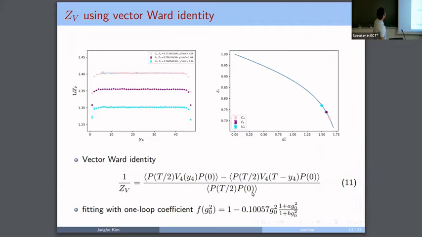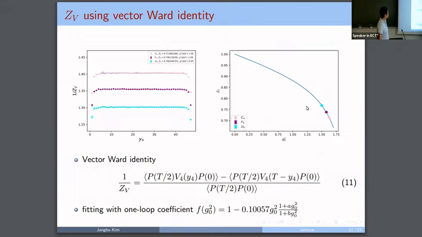Also, we compute Z_V from the vector Ward identity for 3 ensembles, and we multiply this renormalization factor to our vector current to renormalize it.